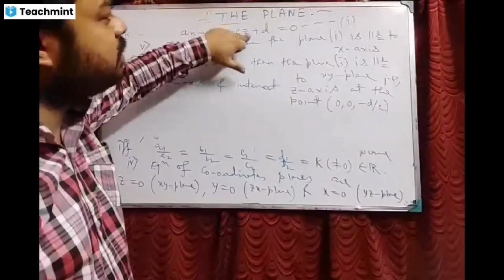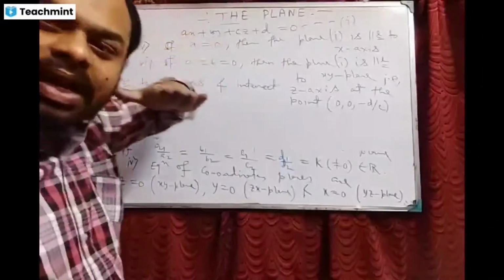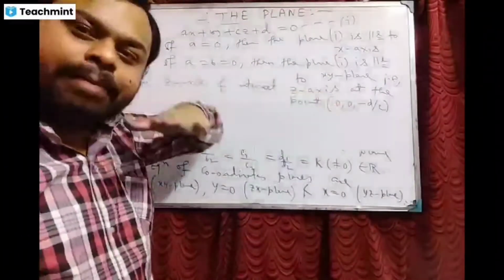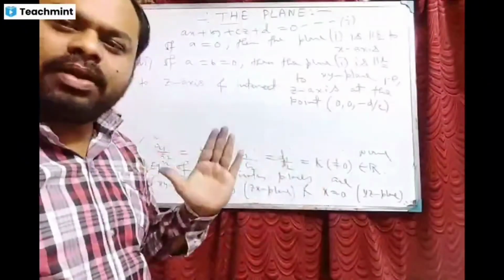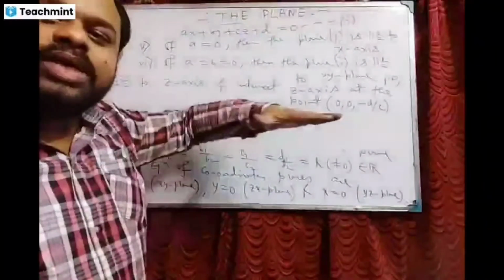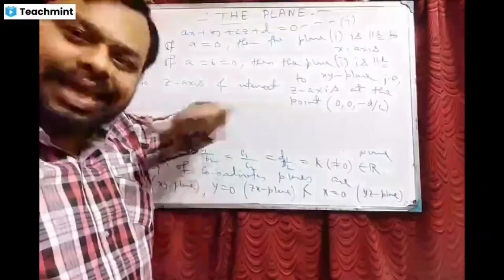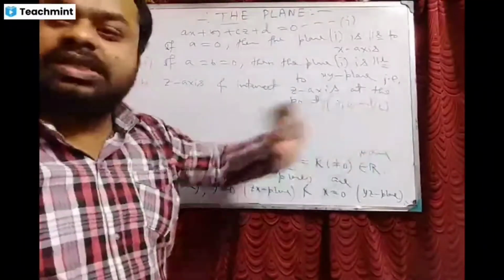So the value of z is minus D by C. So that means the plane is parallel to XY plane, and parallel to XY plane means perpendicular to Z axis. That means the plane intersects the Z axis at the point 0, 0, minus D by C.